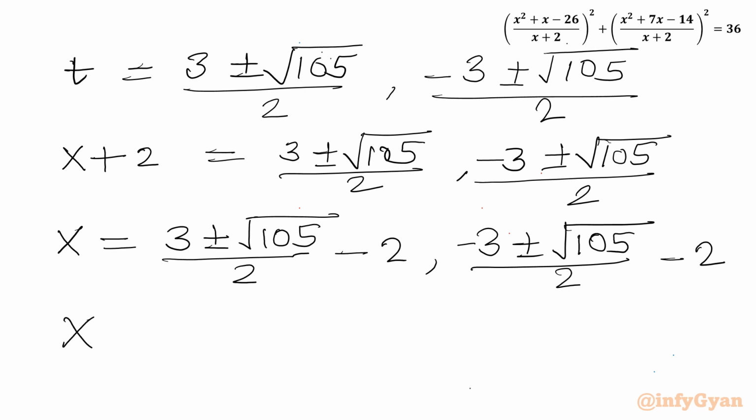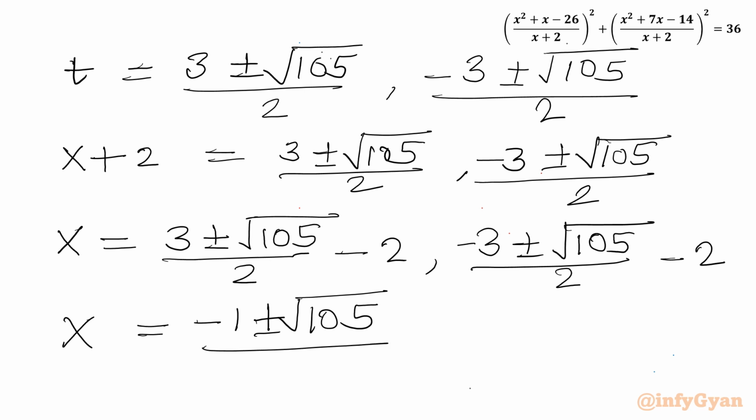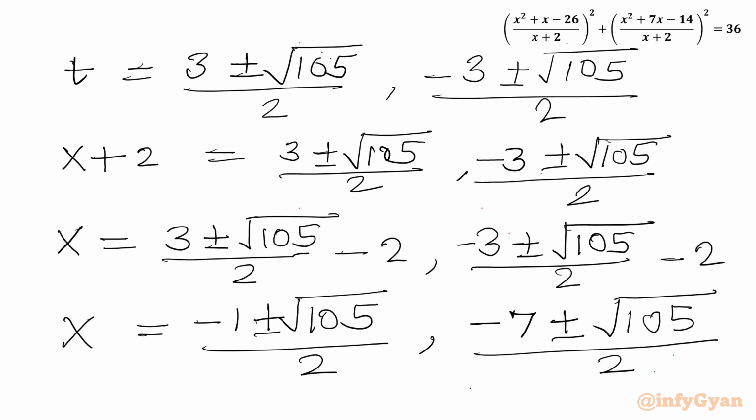So we can write x = (3 − 4 ± √105)/2, so it will become (−1 ± √105)/2. And here I will be writing (−3 − 4 ± √105)/2, that is (−7 ± √105)/2.